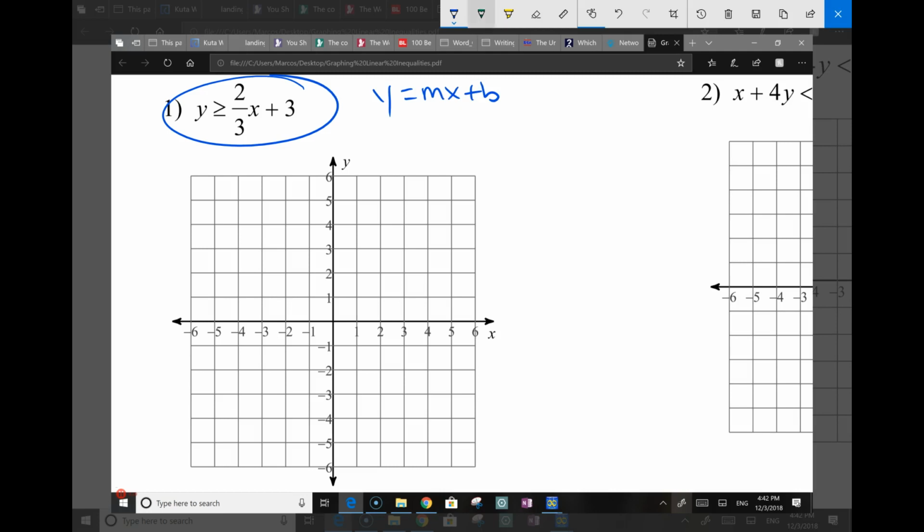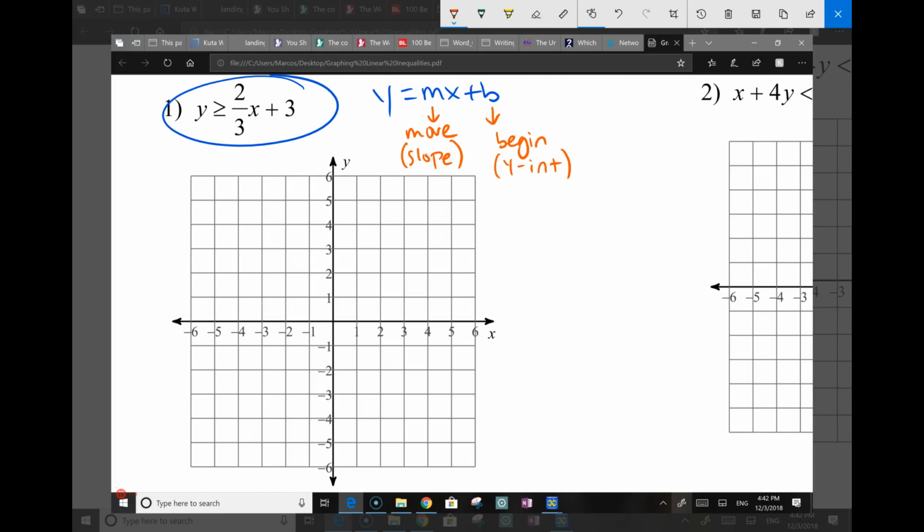And just a quick review of how to do this. This is where you begin. It represents the y-intercept. And this represents how you move from where you began, and this represents the slope. Okay, it helps guide the direction of the line and the steepness of it.